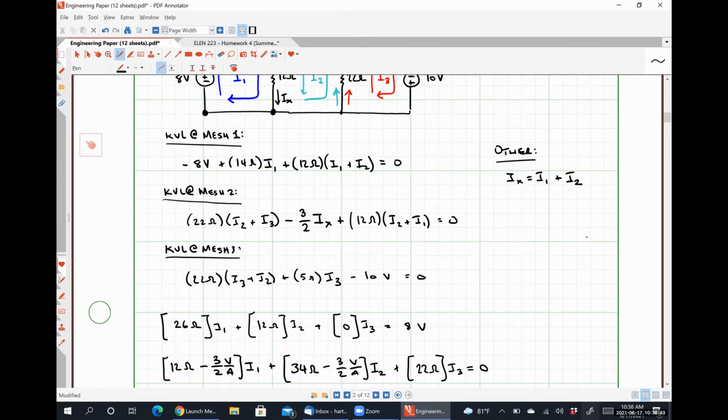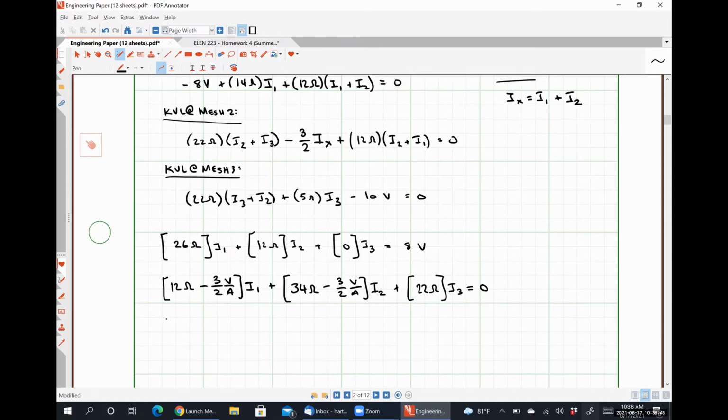All right. For our last equation, we have 0 I1, we have 22 ohms times I2.